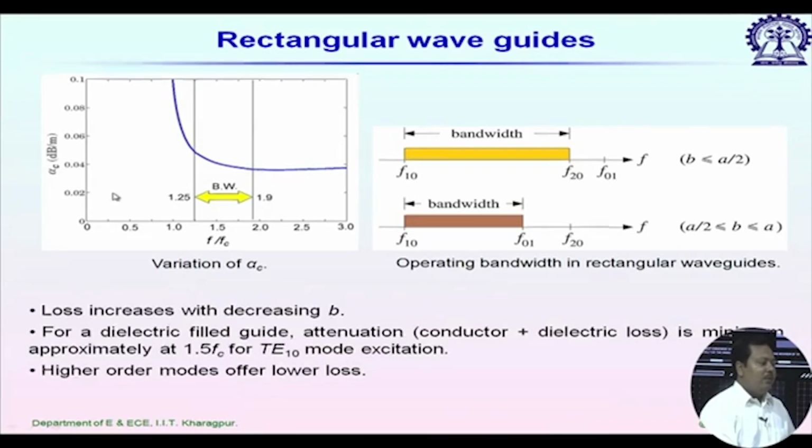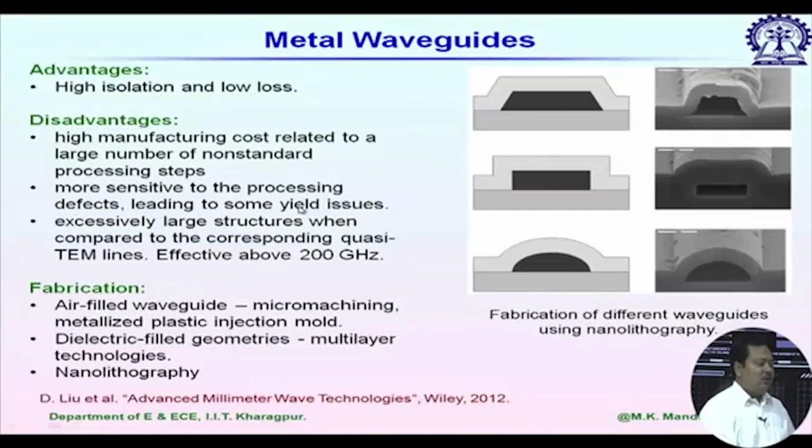And if we now have dielectric material inside, the plot is again very similar to this. The only thing is that at 1.5 times fc, it will be minimum. After that, it will slowly increase, and we define the bandwidth again by the numerical values, 1.25 fc to 1.9 fc. So, look at this plot.